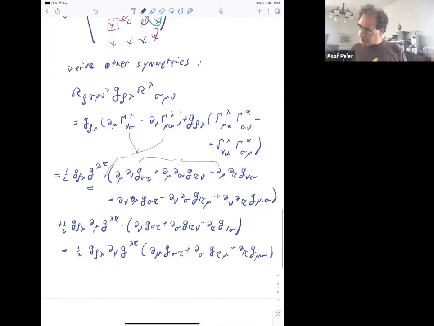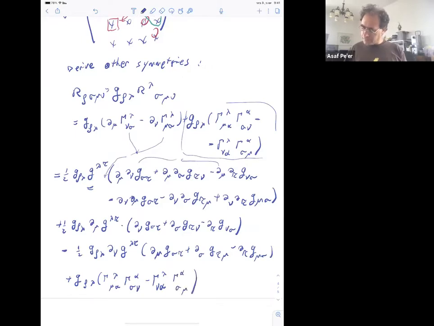And then the last part we don't touch. So plus g rho lambda gamma lambda mu alpha gamma alpha sigma nu minus gamma lambda mu alpha gamma alpha sigma nu. Lovely, I love these things.